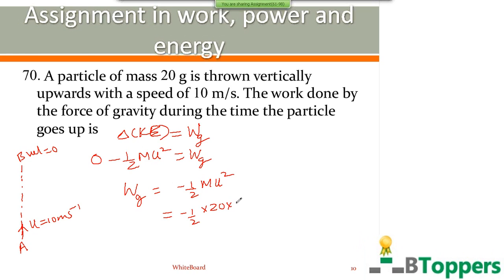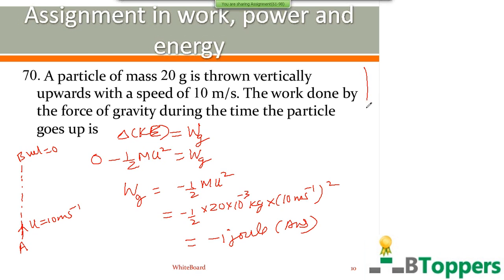M is equal to 20 grams, means 20 into 10 power minus 3 kg in SI system. Initial speed of projection is 10 meters per second. So you get minus 1 joule is the answer.